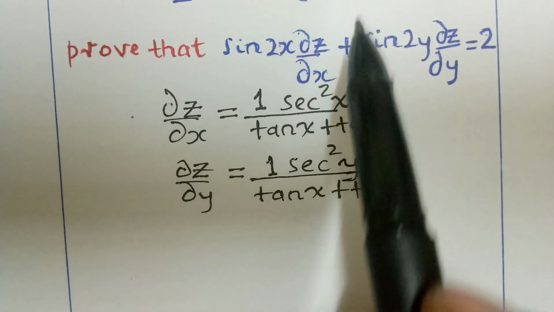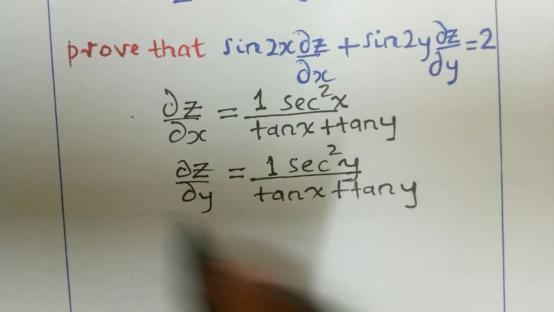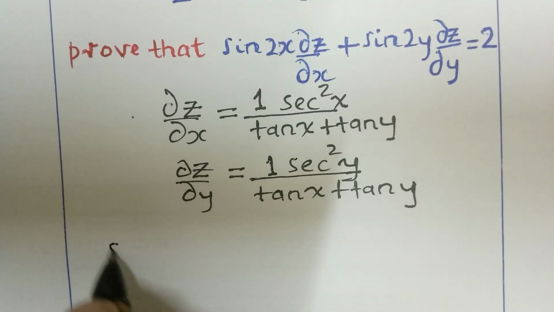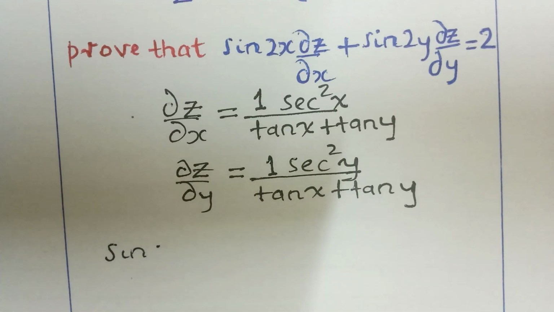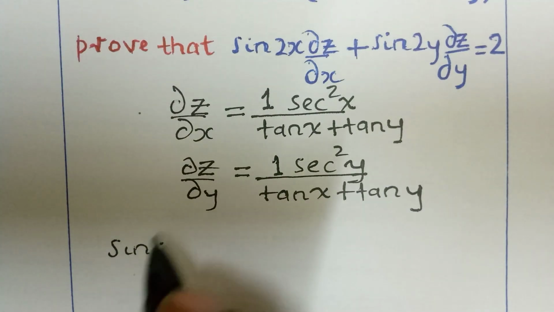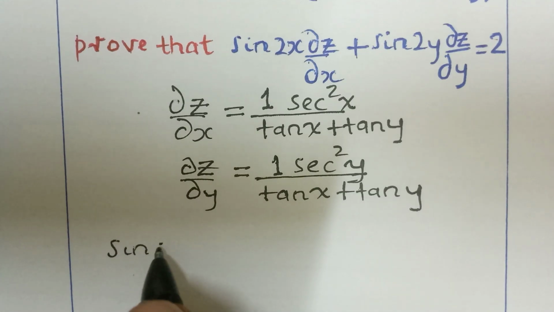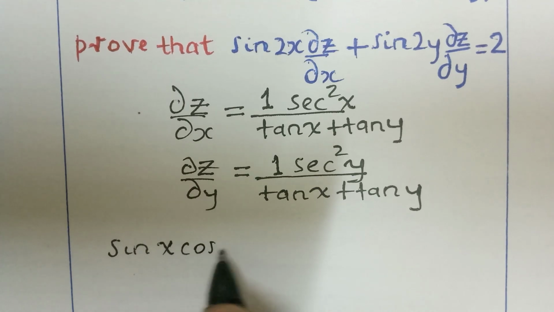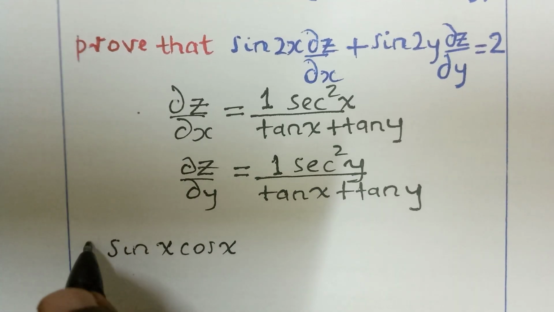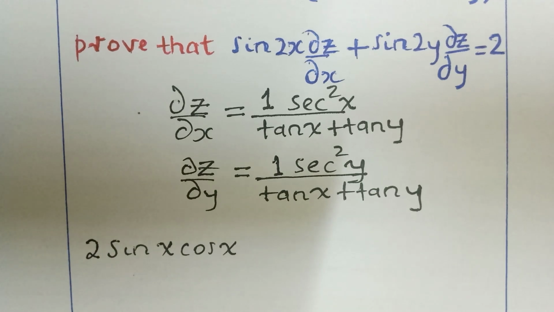So now I've already done the partial differentiation. It's now just to prove our equation. I will write sine 2x, and this sine 2x can also be written as 2 sine x cos x, according to the trigonometric identities.